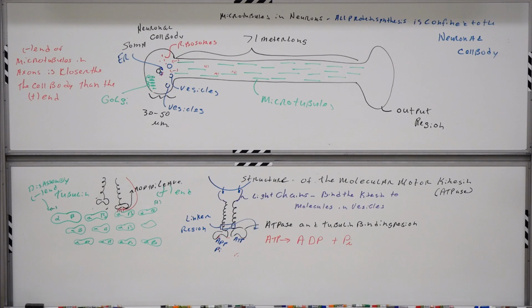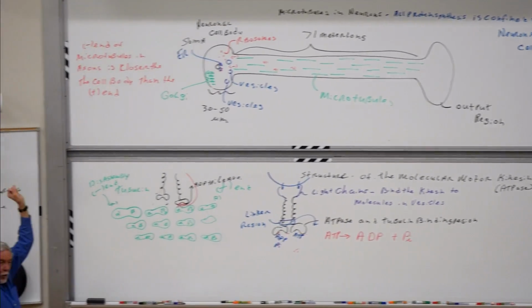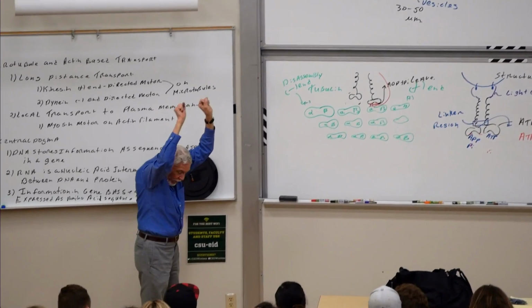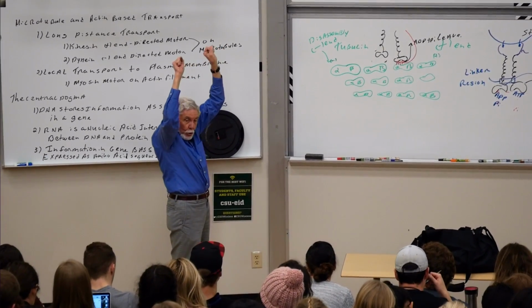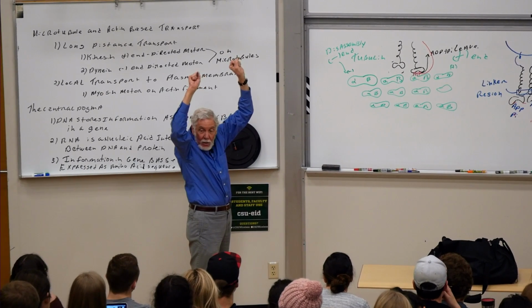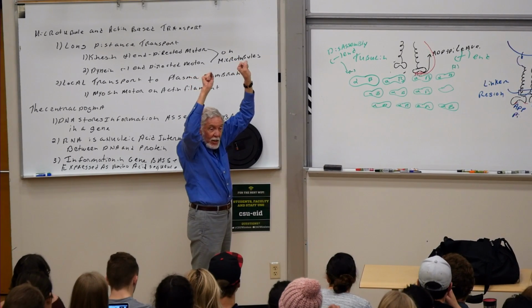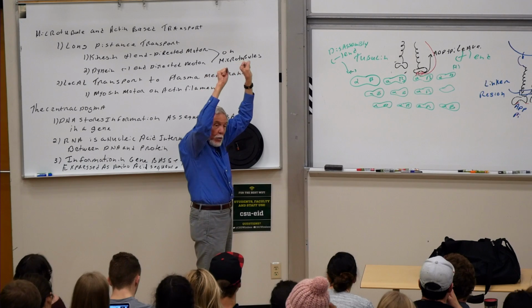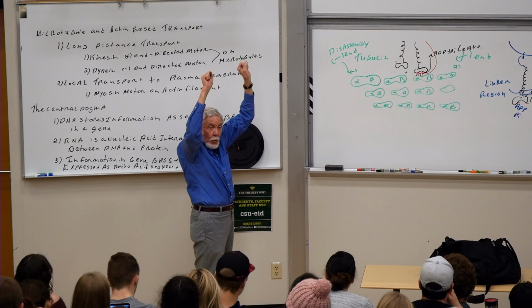See if I can put this into sort of an anthropomorphic sense. So if you imagine me as the kinesin molecule, and the light chains are my hands, and I'm holding onto a vesicle over my head. Now, my feet, the soles of my shoes, have ADP and Pi on them. And so because there's ADP and Pi on the soles of my shoes, they're kind of sticky. So I'm just sort of dancing around, wandering aimlessly until I run into a microtubule.